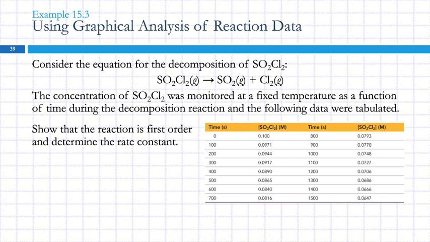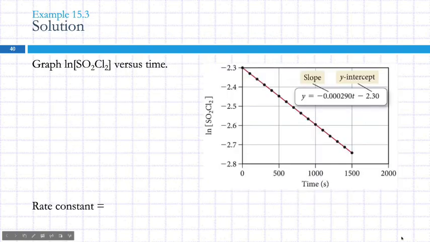So we could try to do things by calculating average rates at various times and try to do something like that. But now that we know about the integrated rate law, we don't need to do that. We'll take the data and graph it. So we'll graph the natural log of the concentration as a function of time.